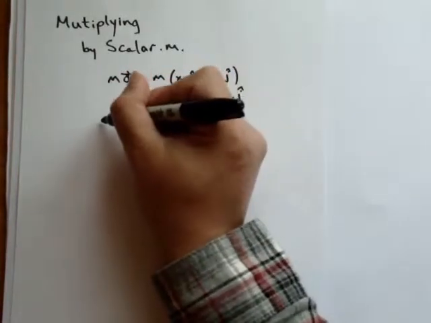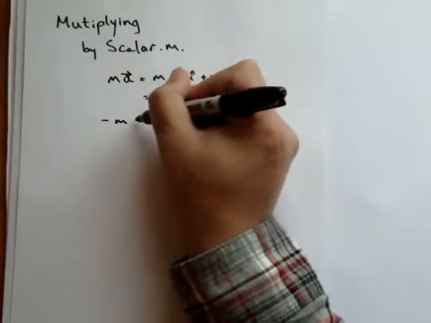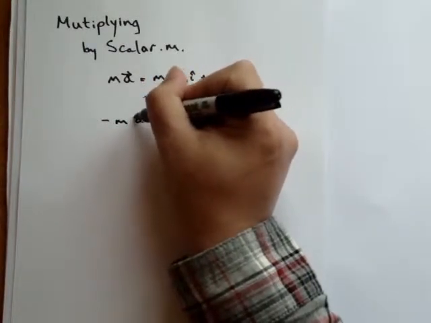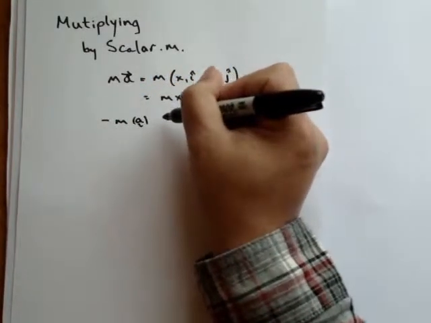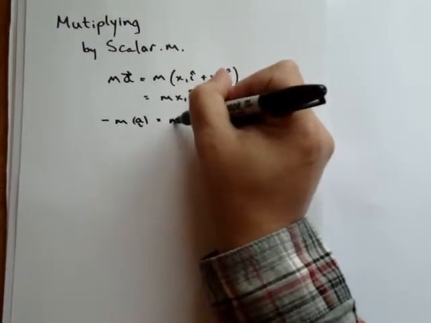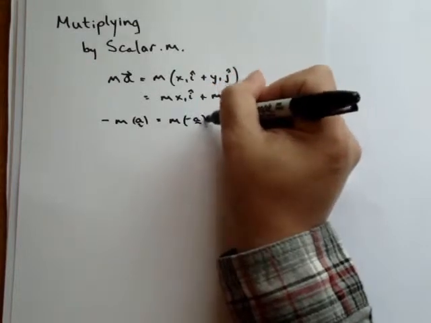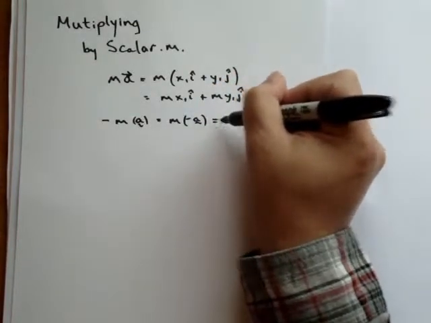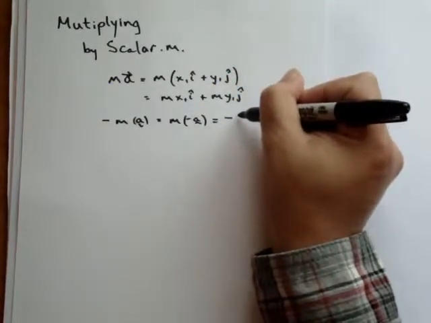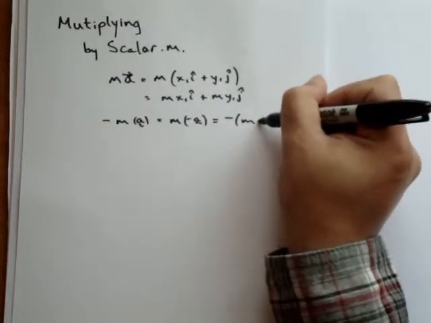If we have minus m and we multiply by a, this would be m times minus a, and similarly this would equal minus ma.